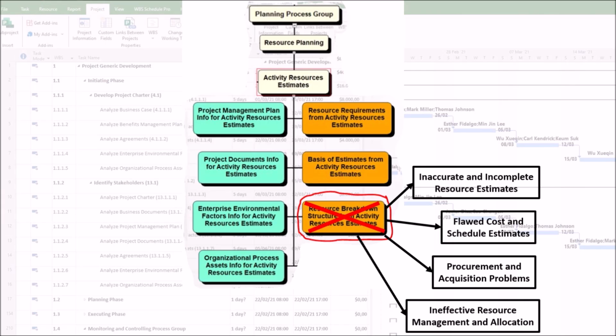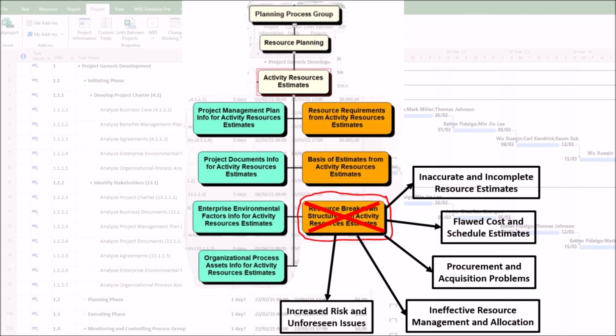This leads to bottlenecks and resource conflicts. Second, impossible tracking. How can you track the usage and cost of materials if your resource breakdown structure doesn't break it down into software licenses, construction lumber, and network cables? You lose financial control.